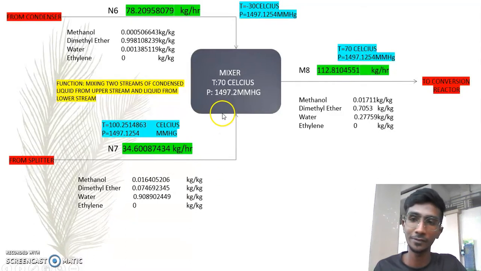The purpose of the mixer is to mix two streams: the condensed liquid from the upper stream and the liquid from the lower stream. They are mixed and exit in one output stream with a mass flow rate of 112.8104551 kg per hour, at 70 degrees Celsius and a pressure of 1497.1254 mmHg, to the conversion reactor.